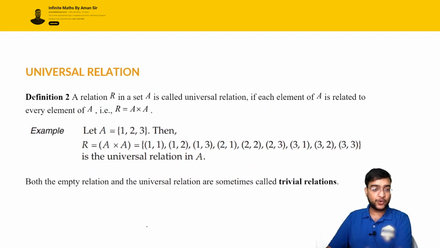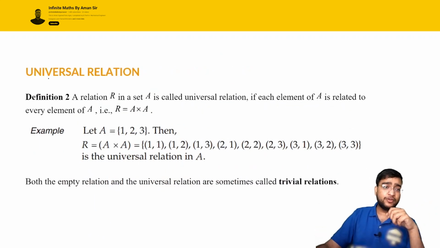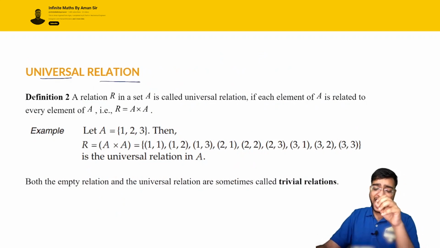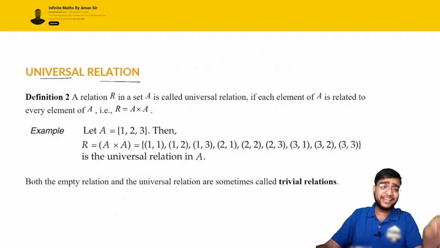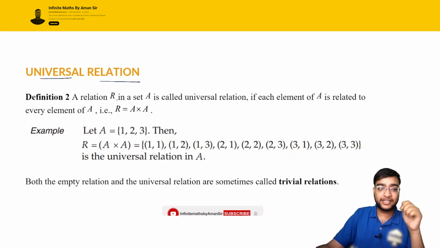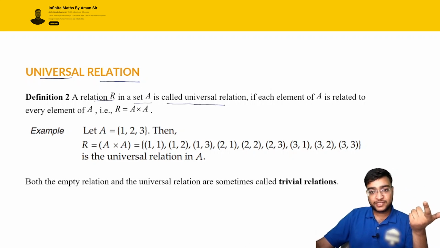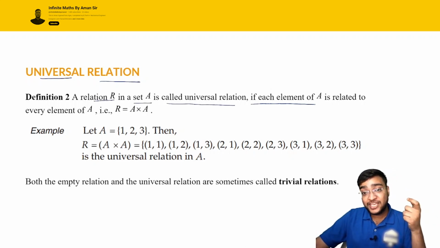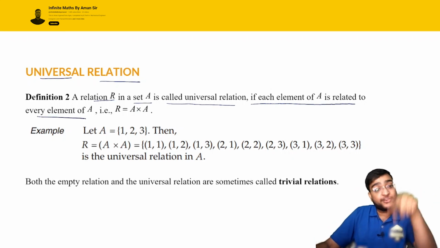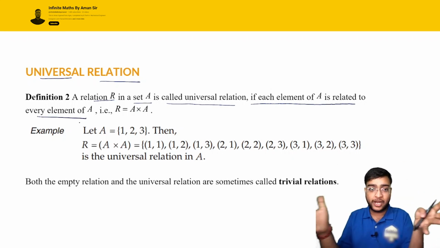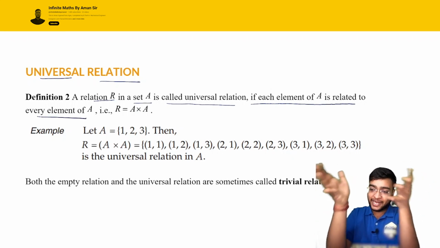Okay, sir. Let's see the universal relation. I had already learned it in my previous PPTs, but let's understand one more time. Let R be a relation in a set A, called a universal relation if each element of A is related to every element of A, that is, all A cross A pairs are in my relation.